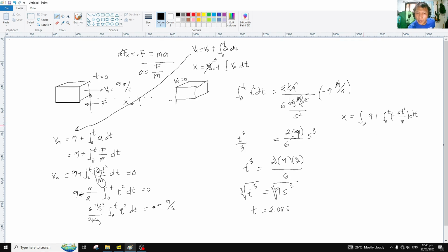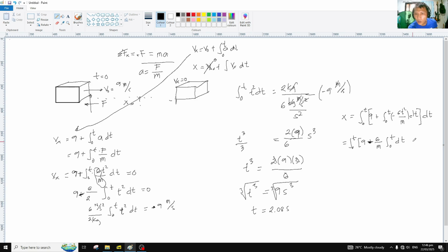But this one is still the integral from 0 to time t. So x would be, of course, that's how it looks, 0 to t. Then we have 9 plus, we can extract again, this will be negative 6 all over m. The integral of 0 to t, dt. Of course, this is still dt, vx dt. These are all still dt here.